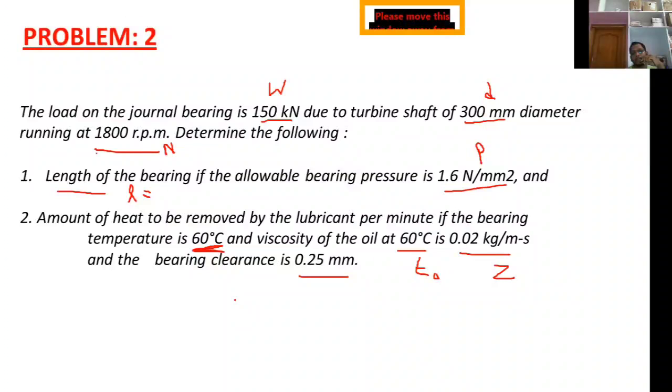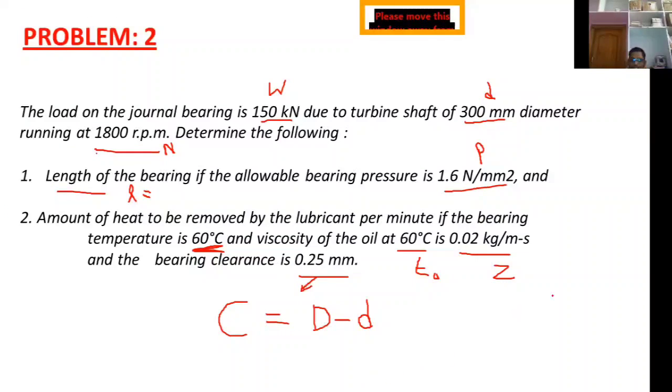Bearing clearance means capital C equal to diameter of the bearing minus diameter of the shaft. So capital C is the diametral clearance, capital C equal to 0.25.